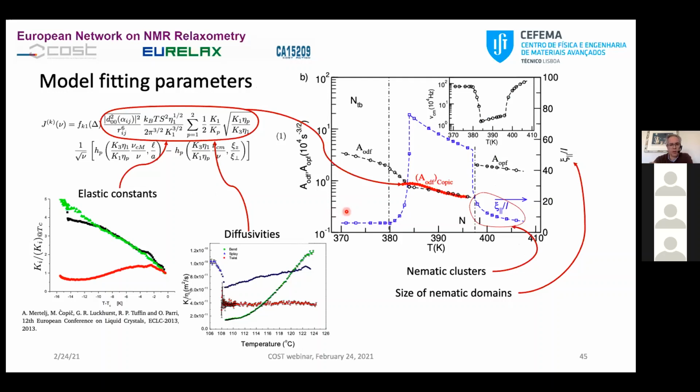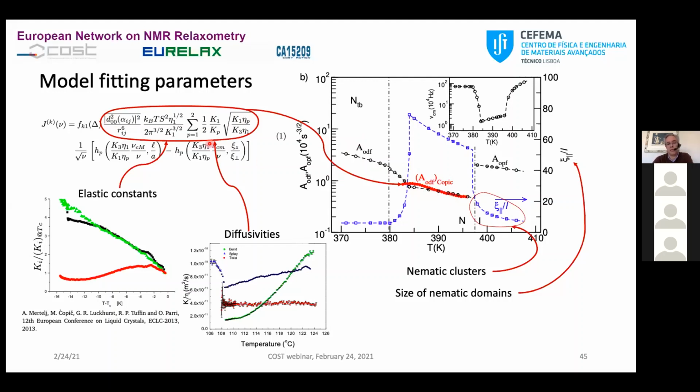The model that was used to interpret this data considered collective motions, and the strength of these collective motions is this AODF. This is a prefactor. Actually, this whole group of terms is this prefactor here for this intermediate temperature range.